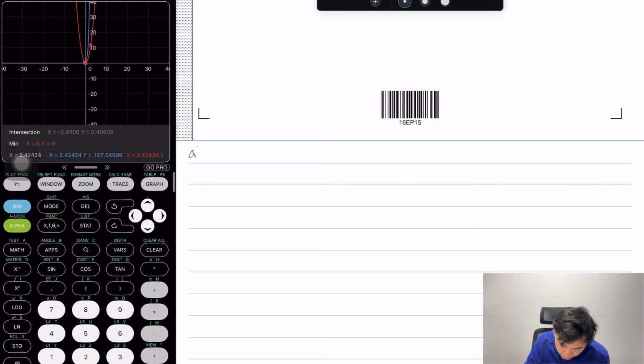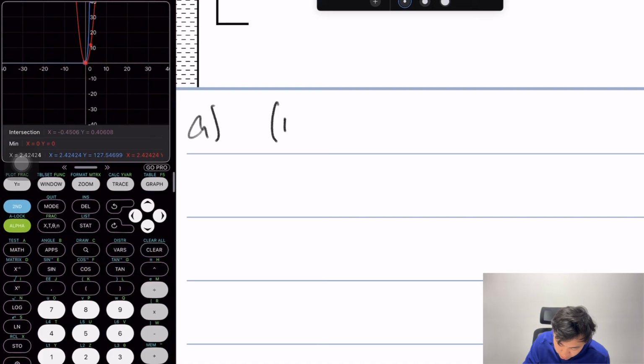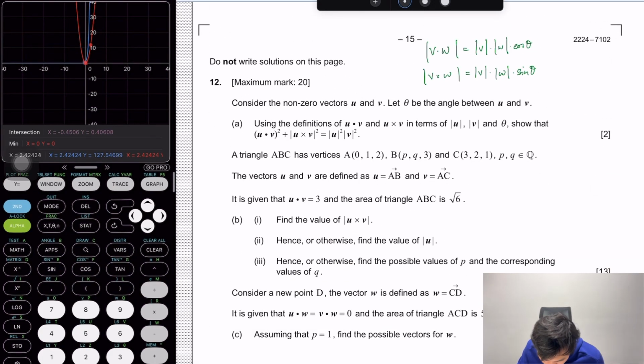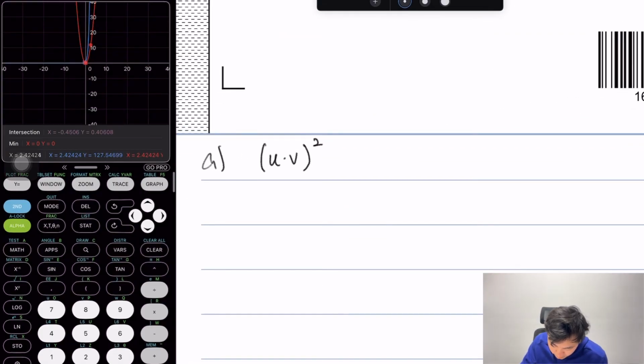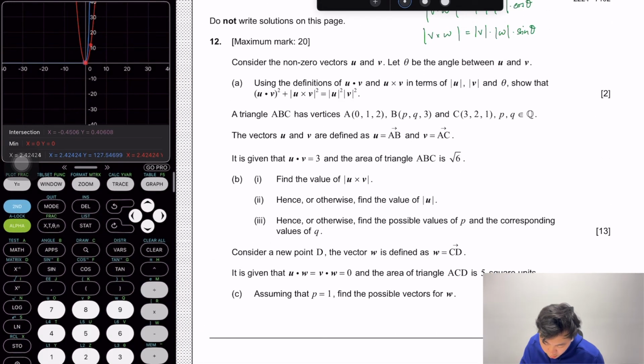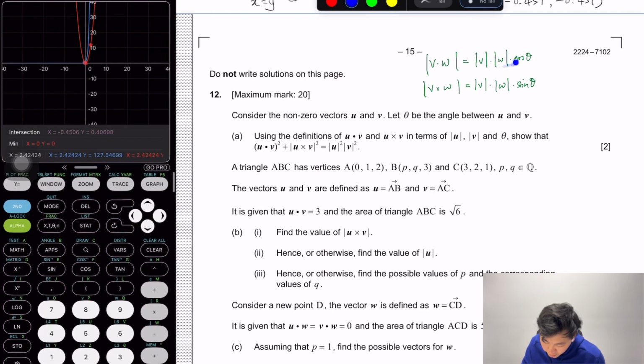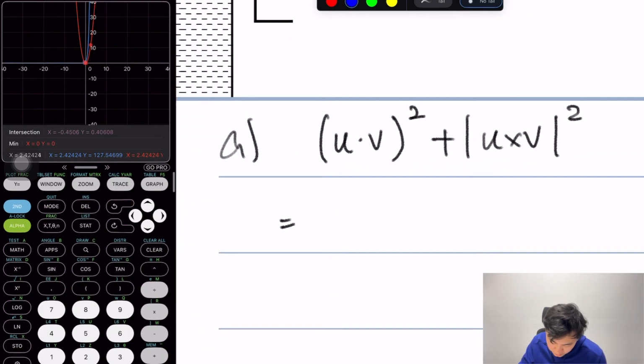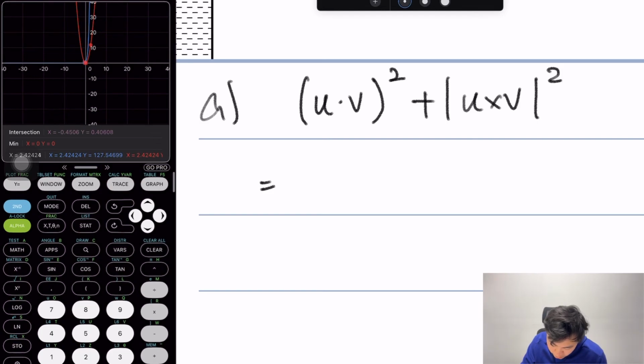Part A. So u dot v, close bracket, square, and then what is the question again? Plus absolute u cross v, whole thing squared. Okay, so let's try to write it out first. What do you have? The dot product, we just copy down the whole thing, which is the absolute, and sorry, we have to use brackets this time.